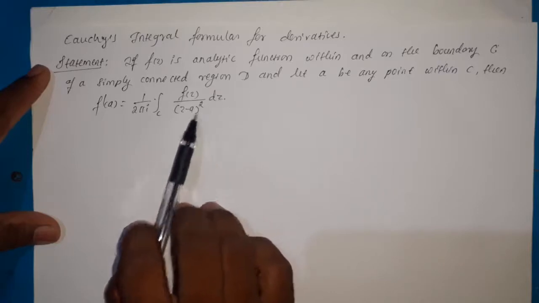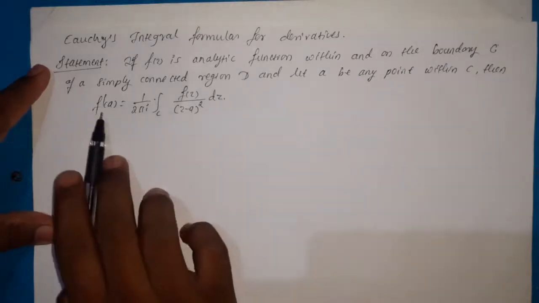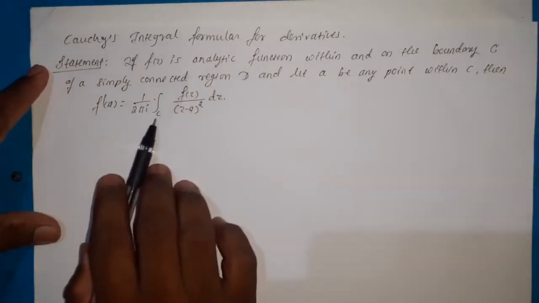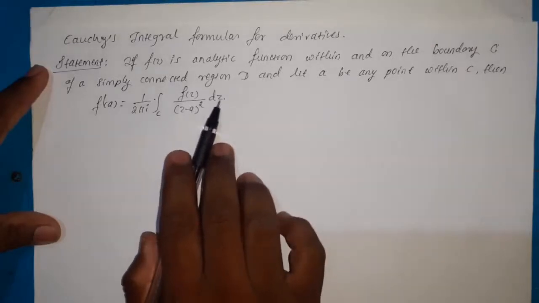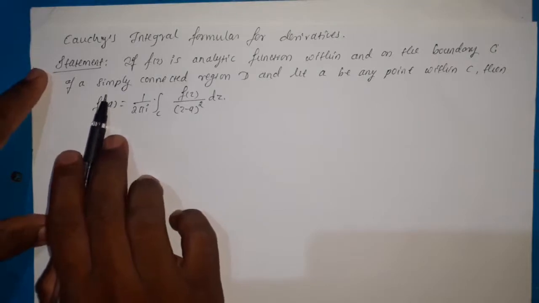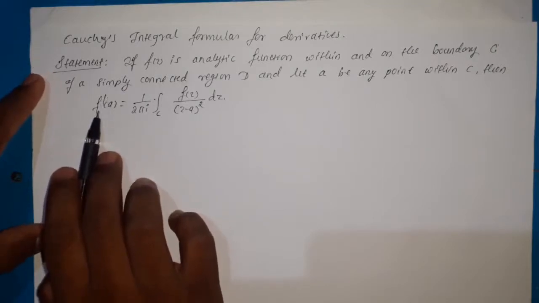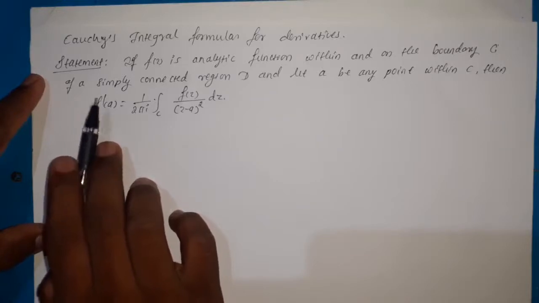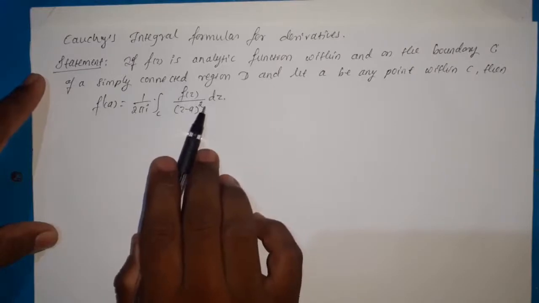So in the previous Cauchy's integral formula, f of a is equal to 1 divided by 2 pi i integration over C f of z by z minus a dz. So here the power was 0, means there is no differentiation of the function f of a, but here we have differentiated f of a once, and the power of z minus a becomes 2.